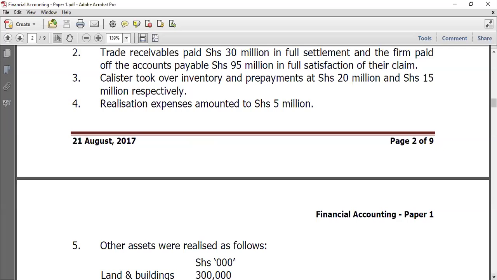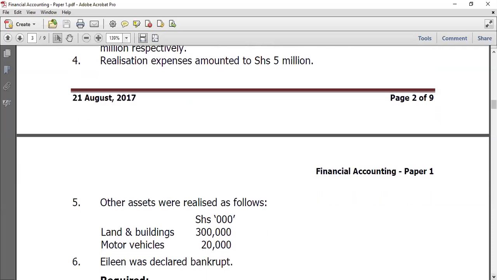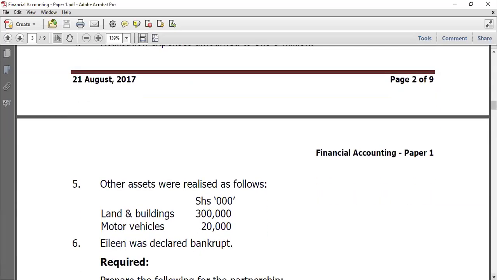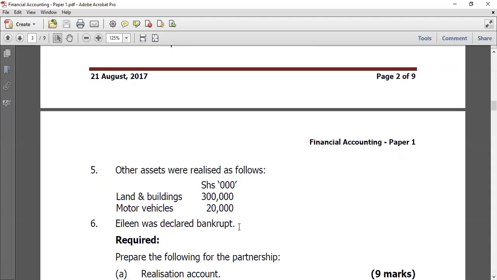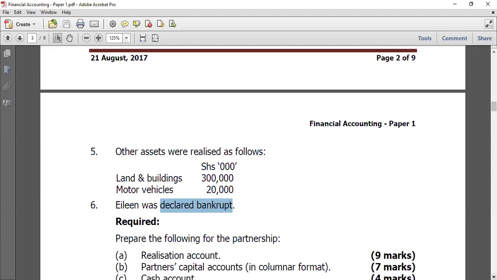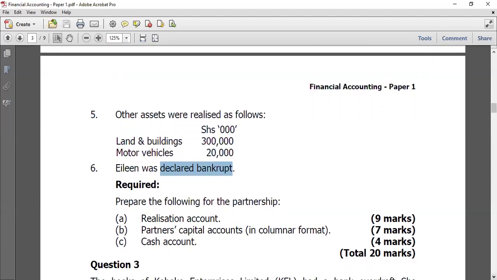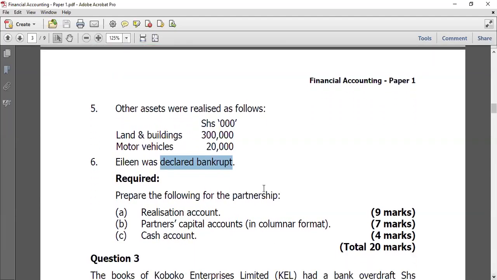So we have other assets that were realized as follows: land and building, and motor vehicle. They're also telling us that Ellen, one of the partners, was declared bankrupt. So we are going to see how that affects us.